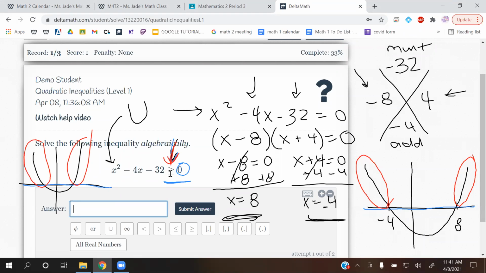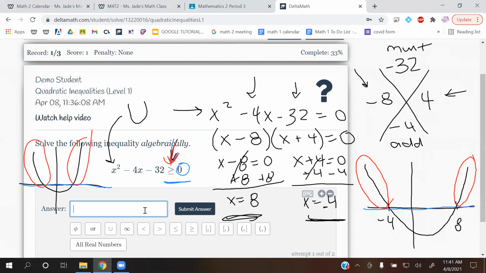Oh, one more extra detail. Notice that this sign is greater than or equal to 0. Like we also want the spot where our equation is equal to 0. And that means we also want the spot where our equation is equal, like right over here. We want this negative 4 because that's where our equation is 0.